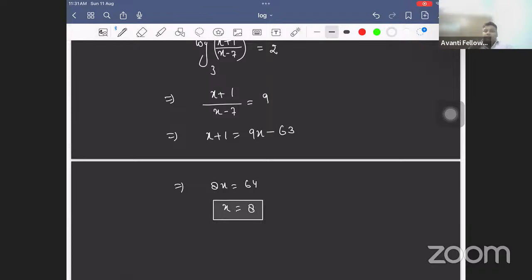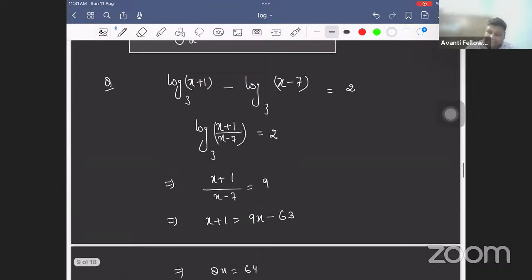Now, always verify in log, always verify that the answer you got is actually satisfying the first equation or not. Don't check it in this equation or in this equation.